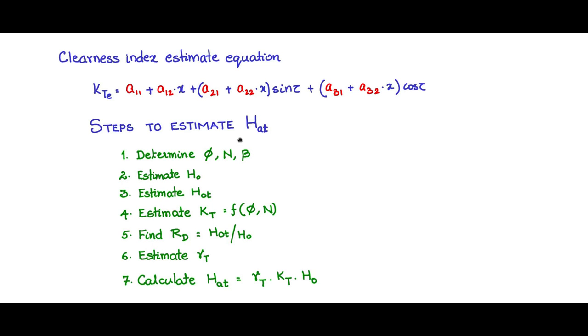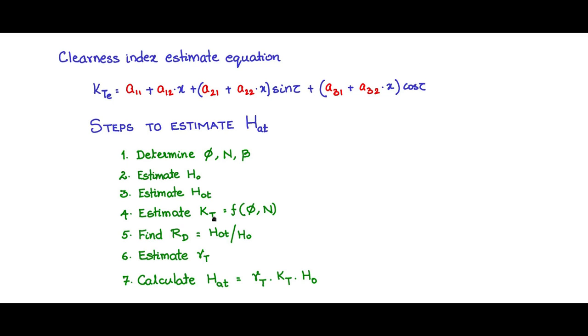Now if you go back and look at the steps to estimate HAT, this is what ultimately you want: the incident energy on a tilted flat plate collector at any given place with atmospheric effects, HAT. So we saw that we need the latitude, day number, and tilt angle. You can estimate H naught, you can estimate HOT. Estimation of KT was deferred.